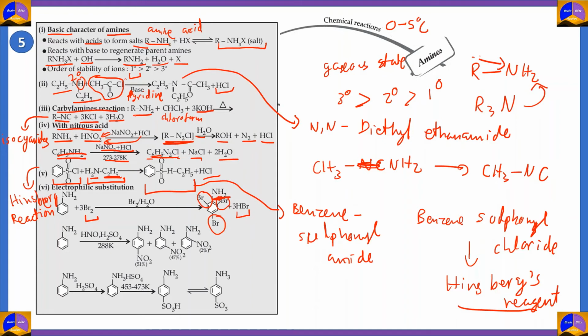What happens in nitration? The second reaction here is nitration, and that's where aniline is reacted with HNO3 in the presence of H2SO4. That's nitric acid in the presence of H2SO4 at 15 degrees Celsius, that's 288 degrees Kelvin. So this reaction is known as nitration.